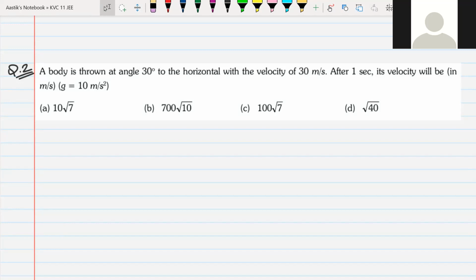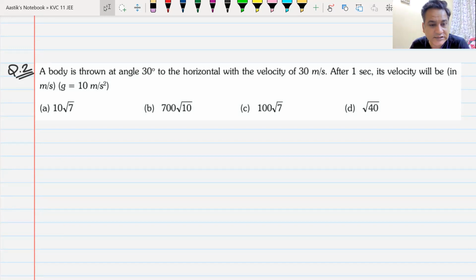Yes, my dear friends, boys and girls. g has to be taken as 10. What is the answer? Let's see who gives me the answer first.